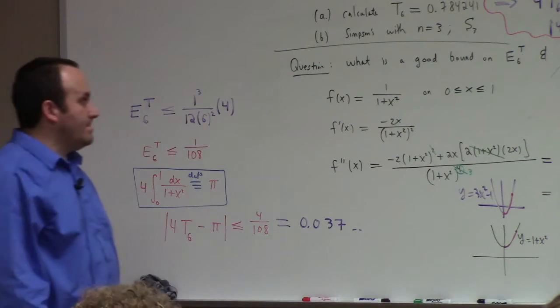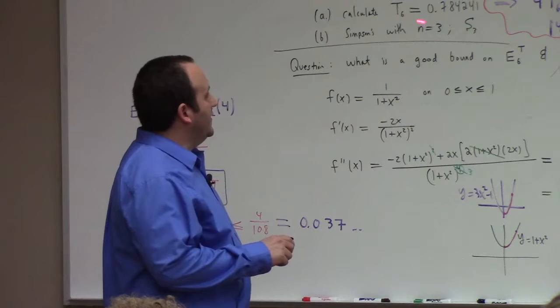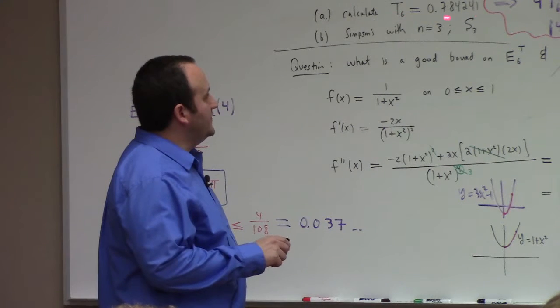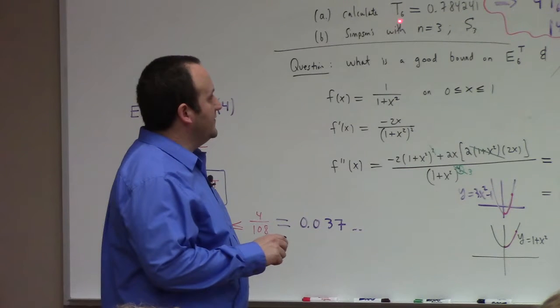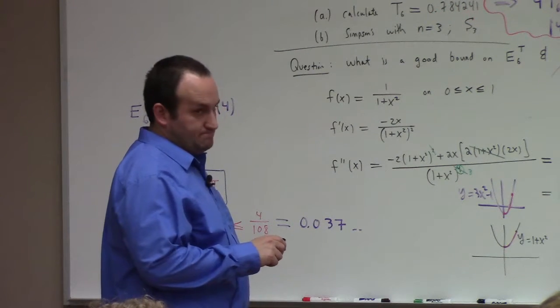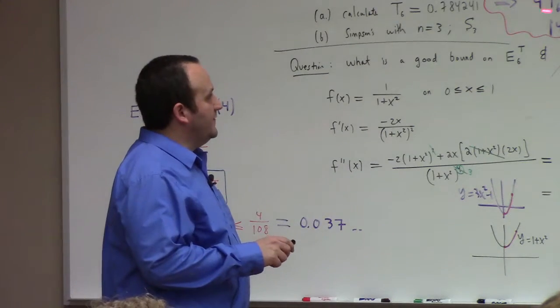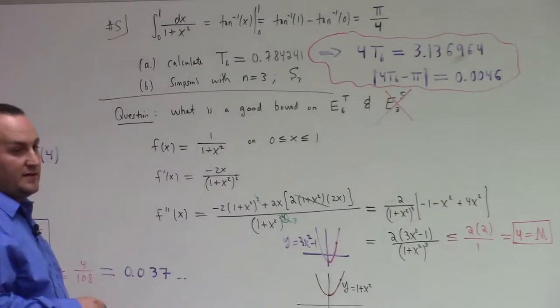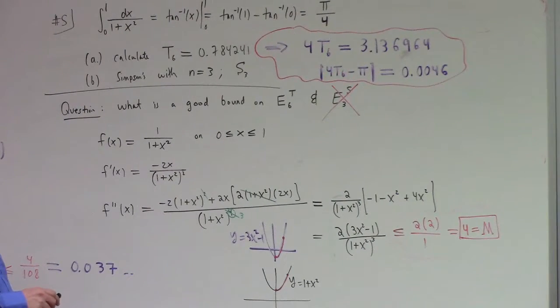All right? So I'll try to show you in a second here, but if you use some technology to calculate the trapezoid rule of order 6, what you get is 0.784241. If I multiply that by 4, I get 3.136964. If I subtract actual pi, 3.14159, you'll get 0.0046.